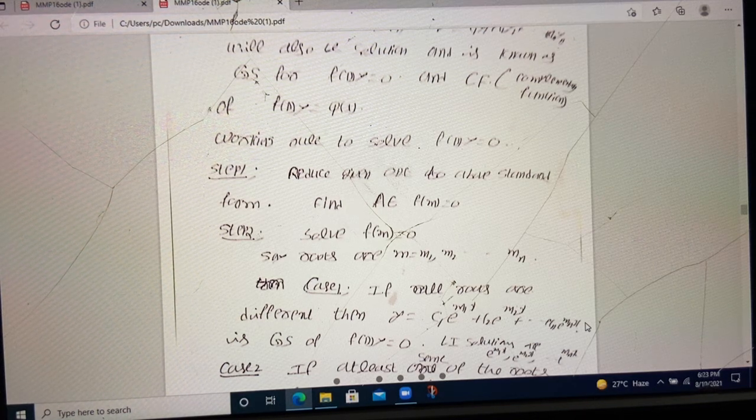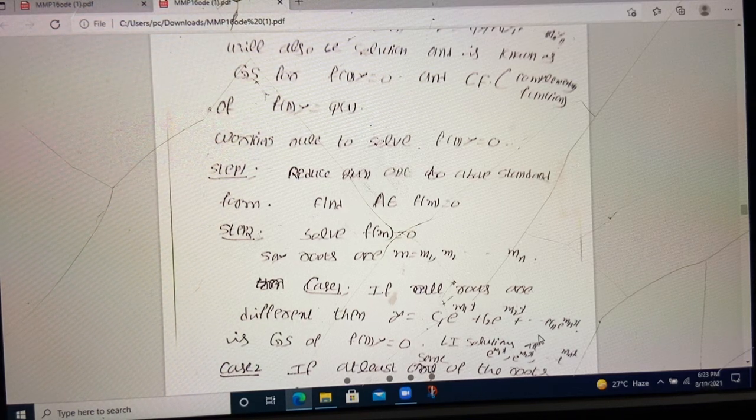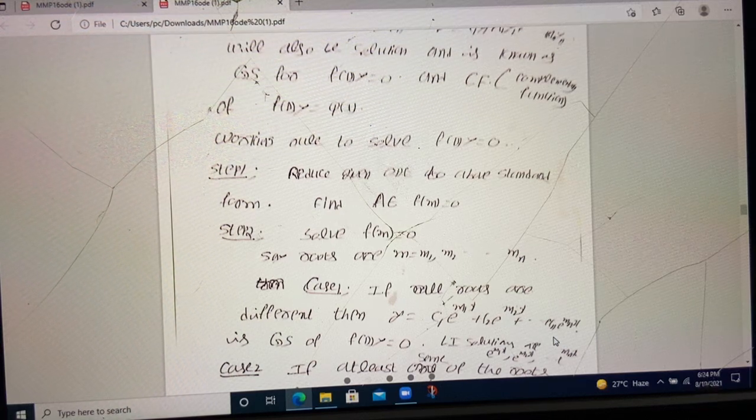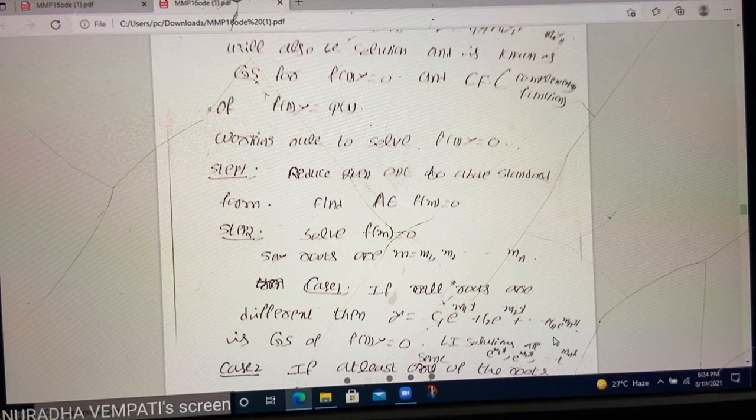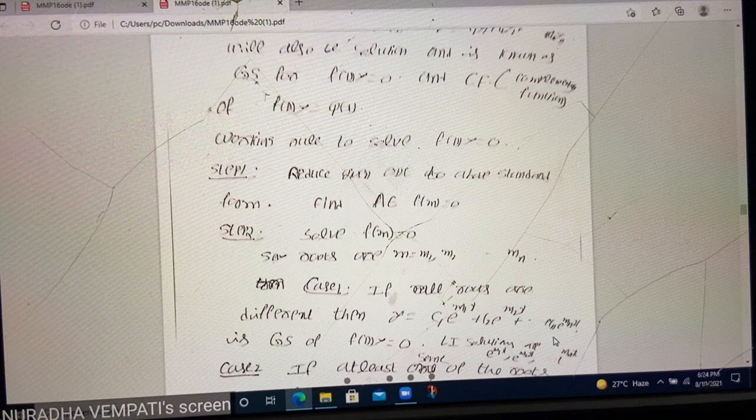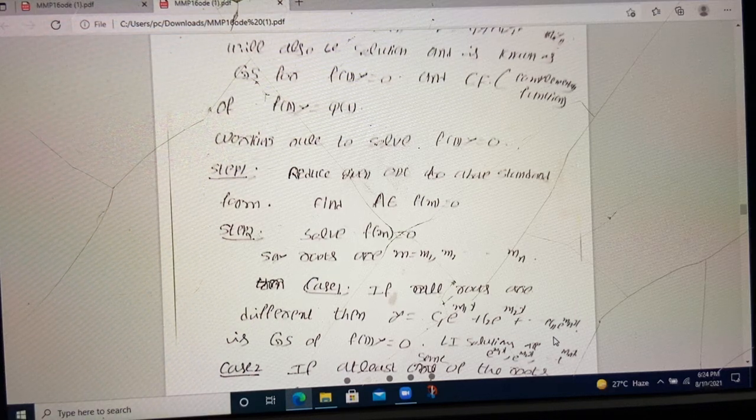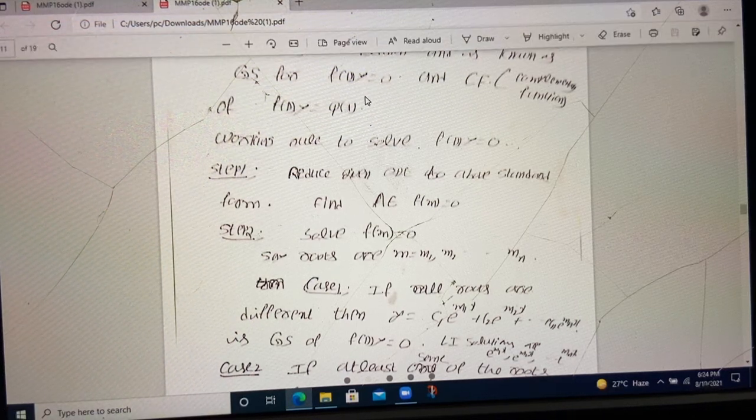independent. We have seen this in the previous problem, and we are going to use it here. Because m1 is not equal to m2, m2 not equal to m3 and so on, e power m1x, e power m2x, ..., e power mnx are linearly independent. Why linearly independent? Because the exponents are all different. So the linear combination c1 e power m1x plus c2 e power m2x and so on up to cn e power mnx is also a solution according to this concept.